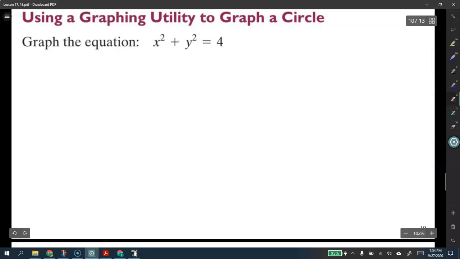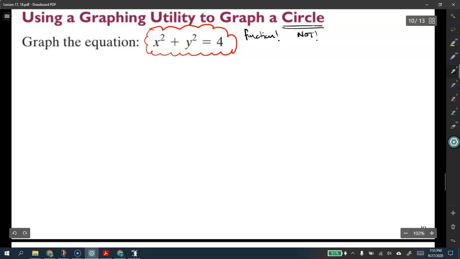But the problem with what we have is this is literally x squared plus y squared is equal to 4. So we don't even have something that's y equal to. The reason why is because our graphing calculators graph functions, but a circle is not a function.